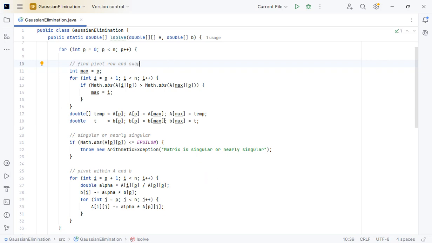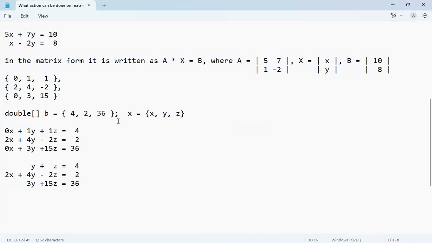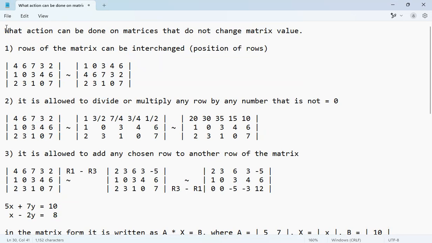But before we discuss this, I want to draw your attention to the rules. What actions can be done on matrices that do not change the matrix value, that keep the matrix equivalent to the new matrix? You can interchange the rows. If you have a row in position 1 and a row in position 5, you can change them, and the row which was first will be fifth, and the fifth row will be first.